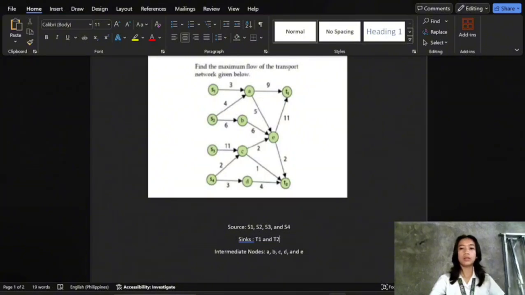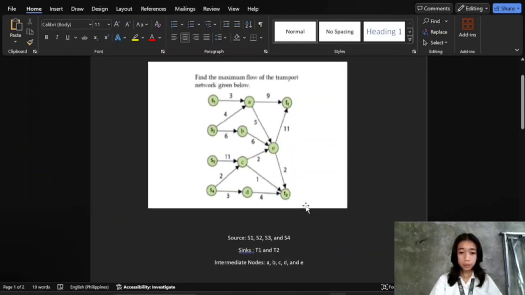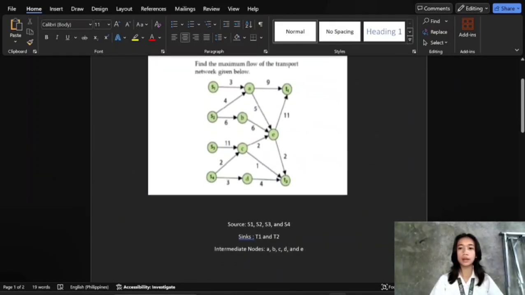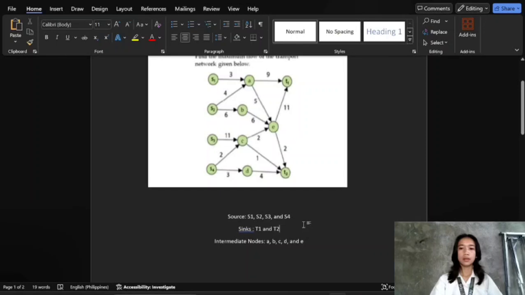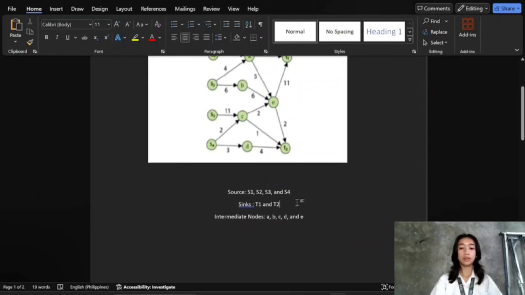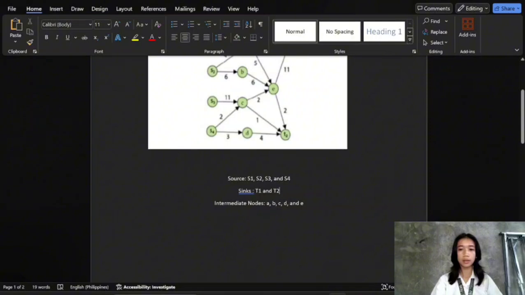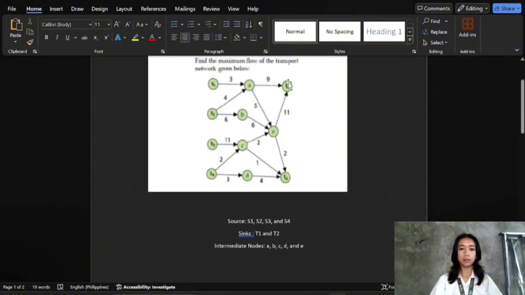Next is to calculate it. So we need to connect the super source with infinite capacity to the sources S1, S2, S3, and also S4, and we need to create a super sink and connect it to T1 and T2.